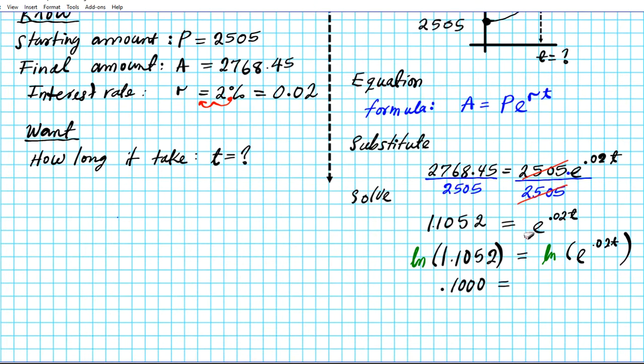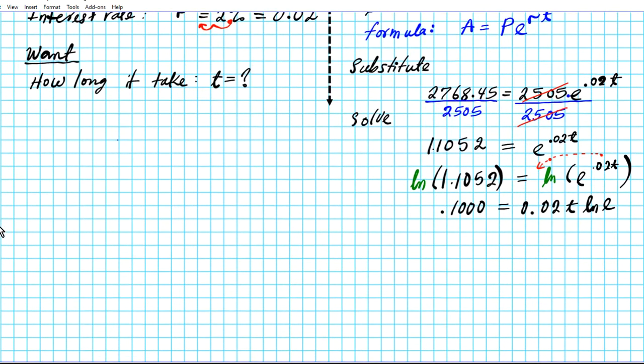On the right side, we can power down this exponent that we have right here. 0.02t can now become a coefficient of the natural logarithm. So we have 0.02t multiplied by the natural logarithm of e. Now we're going to use another property of logarithms known as the inverse property of logarithms.